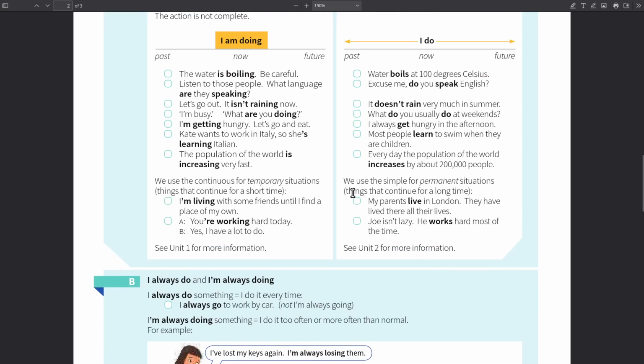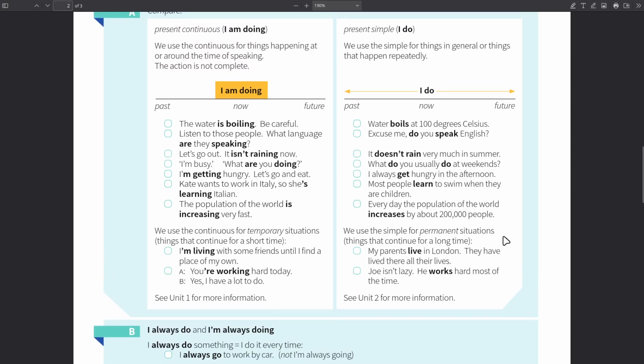And we use the present simple for permanent situations, things that continue for a long time. My parents live in London. They have lived there all their lives. With the present continuous we discuss temporary situations, but for permanent situations, we use present simple, right?